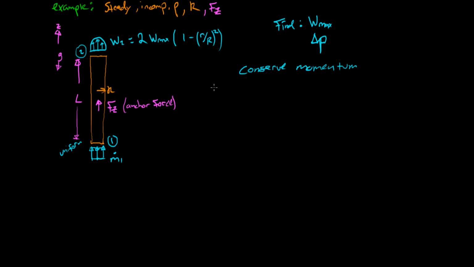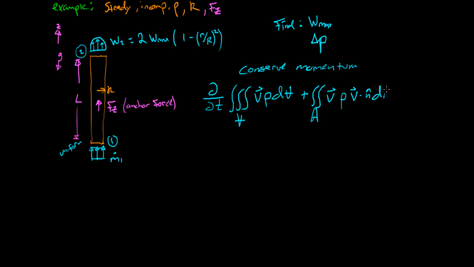And so that tells us that it's time to write out d by dt of the integral over the volume of v rho d volume plus the integral over the area of velocity times rho v dot n dA, and all that has to be equal to the sum of the forces acting on the fluid. So keep that in mind.